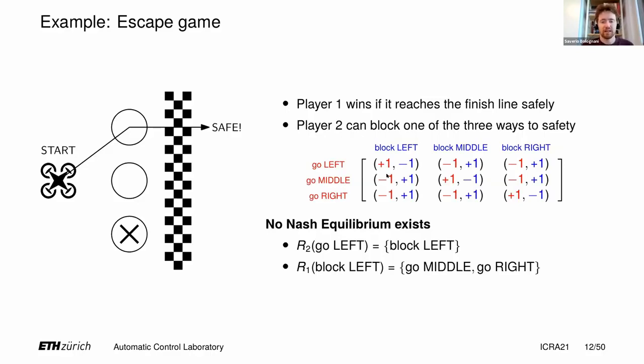You can just assign an outcome of +1 or -1, depending on whether you lose +1 or you win -1. Okay, so if player one decides to go left and player two decides to block the left path, then player one gets a higher outcome, since they are the minimizer. Player two gets a -1.